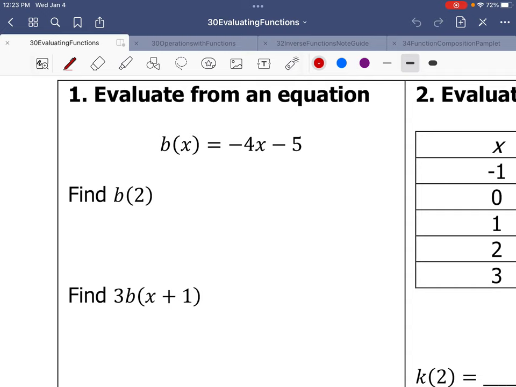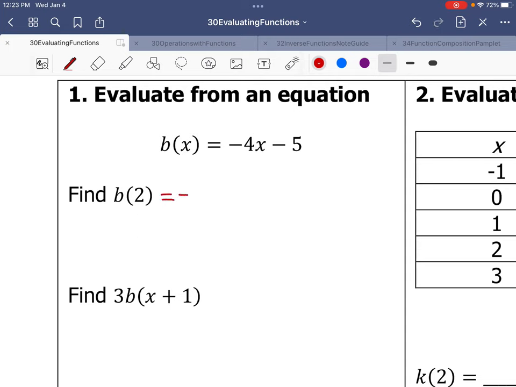So if I have the equation b of x equals negative 4x minus 5, and I'm asked to find b of 2, we want to recognize that 2 is the x value. And when I see b of 2, that means I want to plug that x value into the equation.